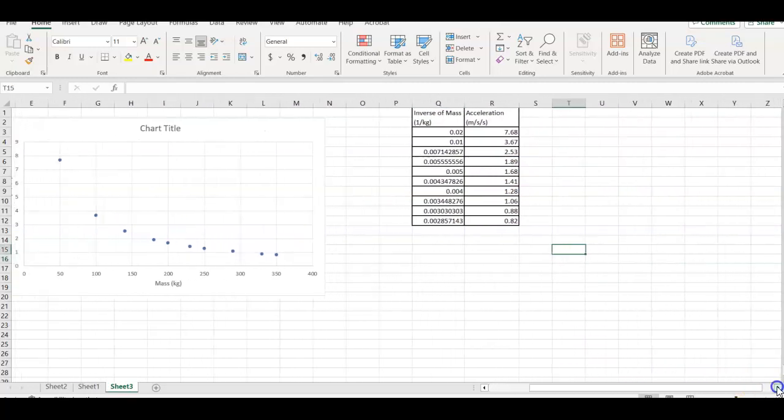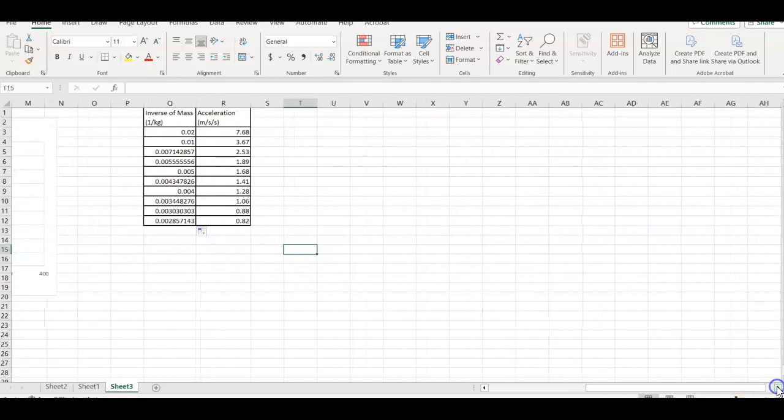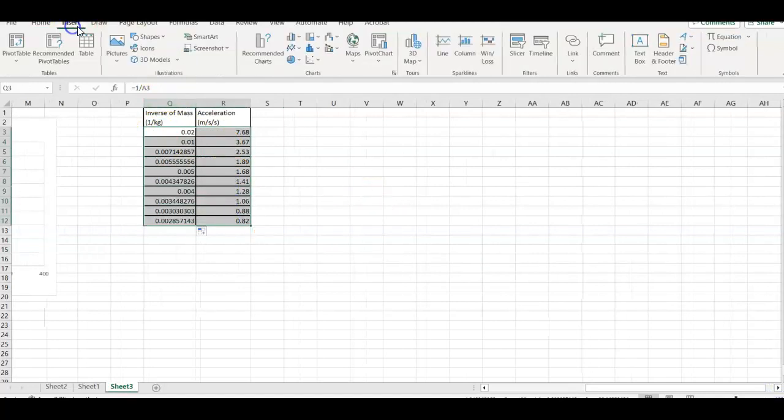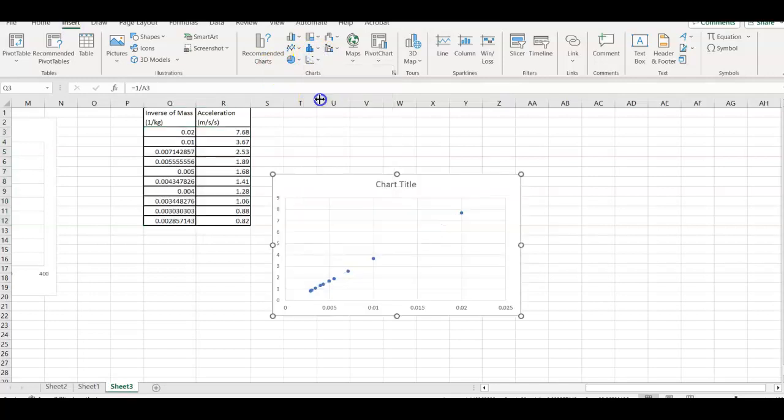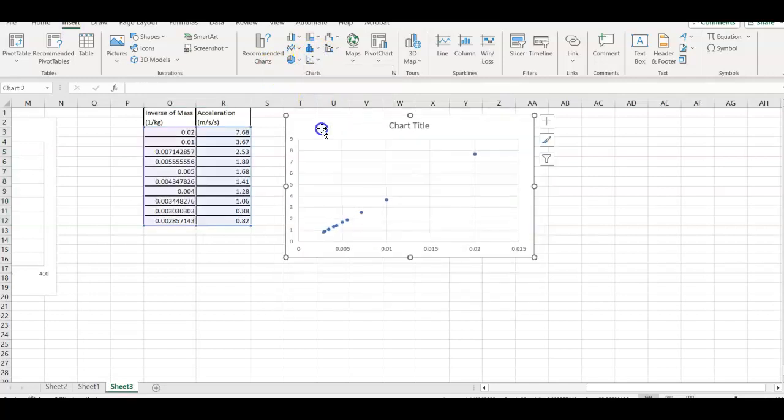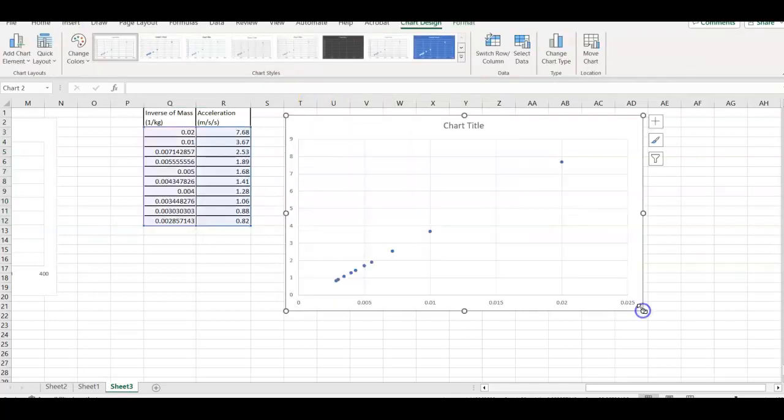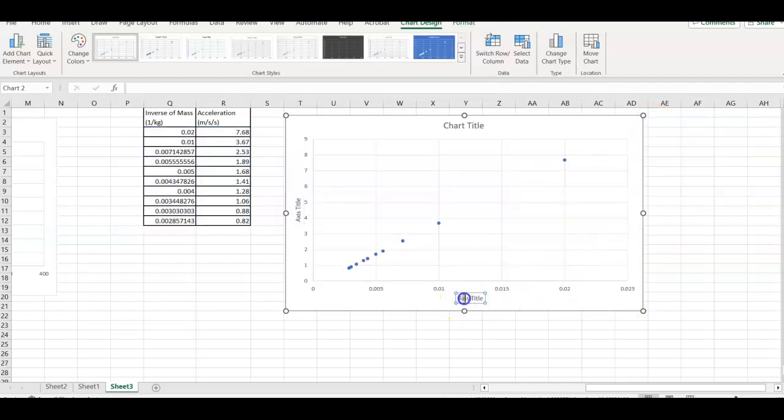Okay, so I've got that. Let's see what the graph of acceleration versus inverse of mass looks like. So I'm just inserting a scatter plot. Oh, look how beautifully linear it is. Okay, so remember this now, it's no longer mass on the x-axis, it's inverse of mass, and so the units are 1 over kilogram, and then of course acceleration is still our dependent variable.